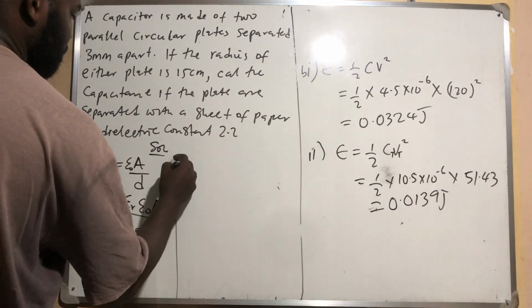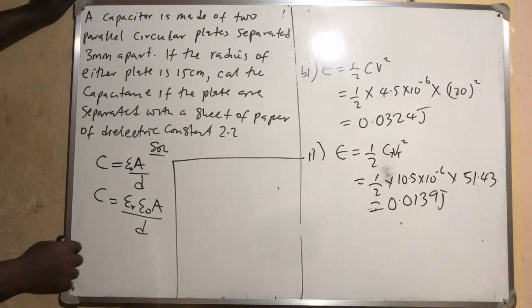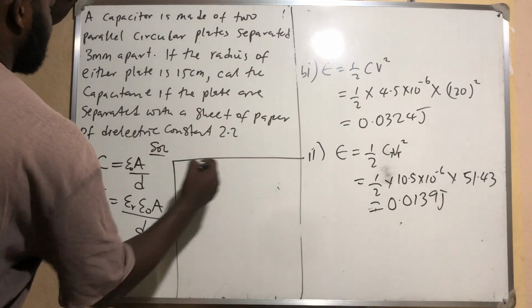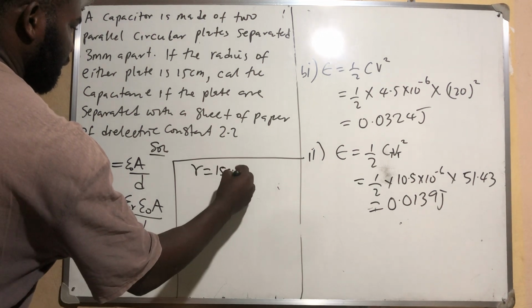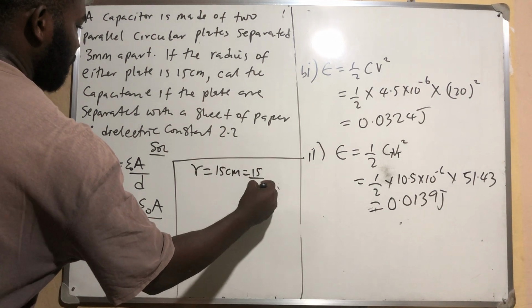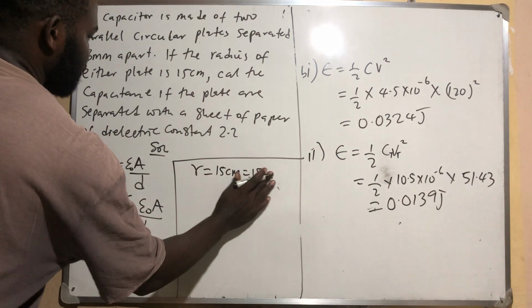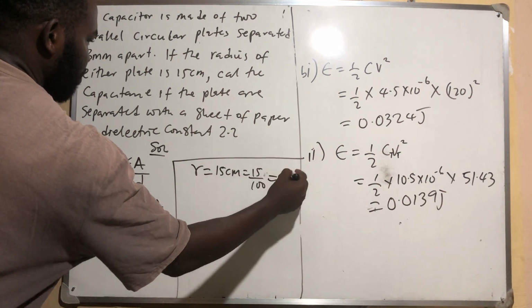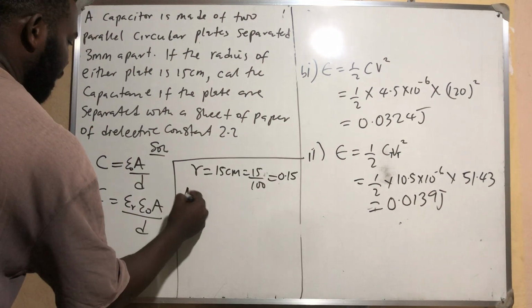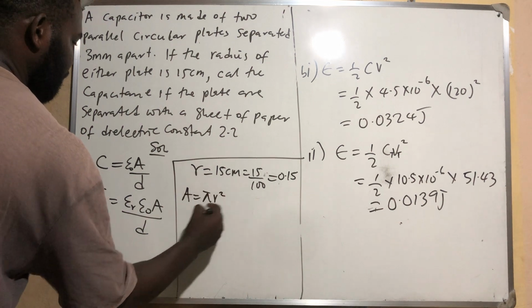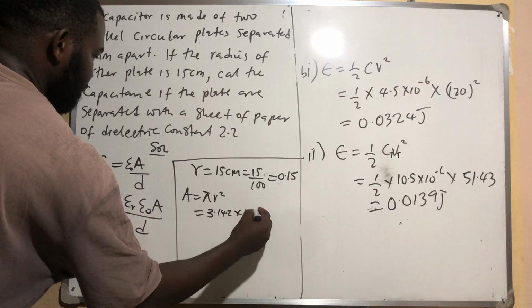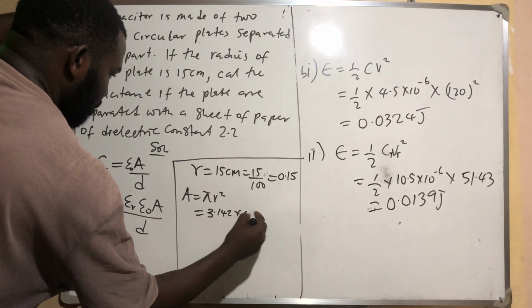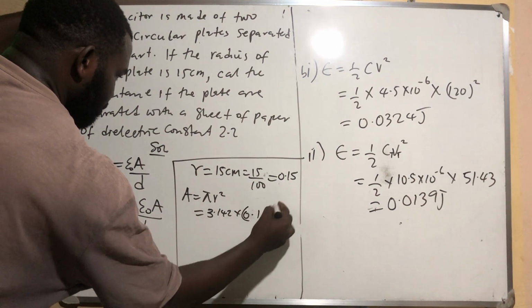So let us bring our parameters. They gave me that the radius is 15 cm, which is 15 over 100, which is equal to 0.15 meters. So area is equal to pi r squared, which is 3.142 times 0.15 all squared.